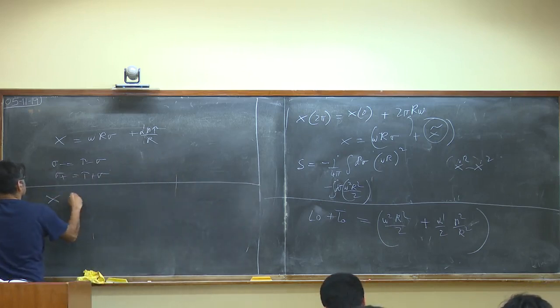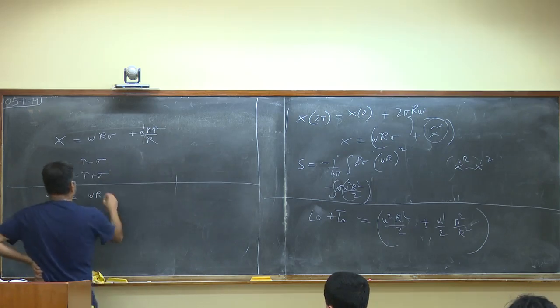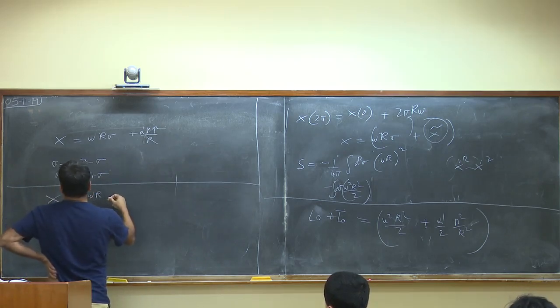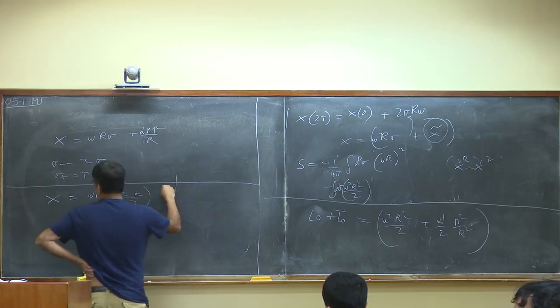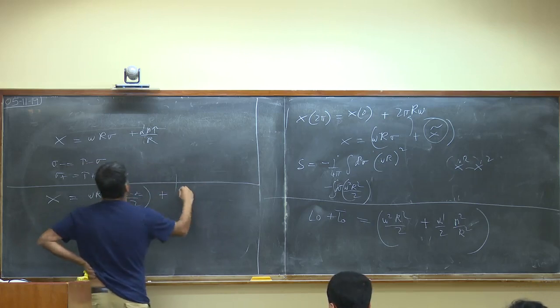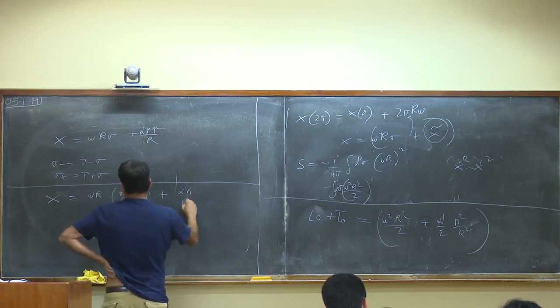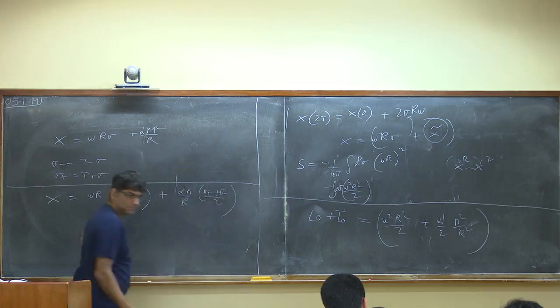So x here is equal to w r times sigma plus minus sigma minus over 2, and plus alpha prime n by r times sigma plus plus sigma minus divided by 2.